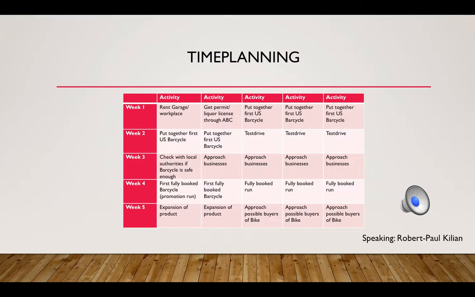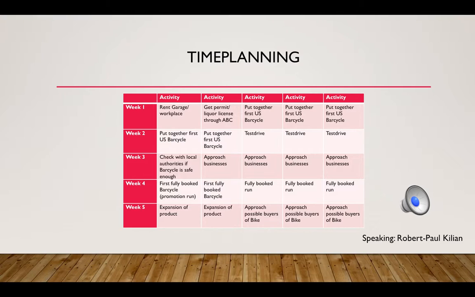Once we get their approval on our bicycle, we will start by approaching businesses, actually riding the bike down, for instance, the boulevard of California, to see small businesses and talk to them about our product and what use it can be for them.